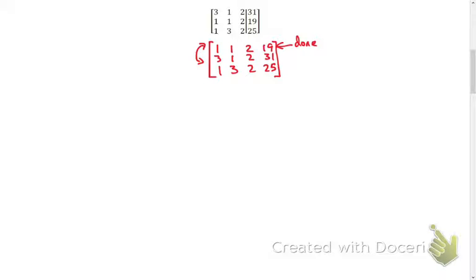Next, I want to get that 3 to become a 0. So copy row 1. First I'm going to take row 2, and I'm going to subtract 3 times row 1.